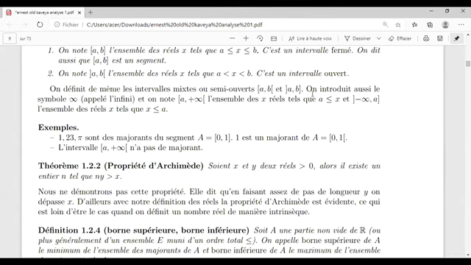On introduit aussi le symbole infini. We look at this symbol infini. For example, in the case of an open set, we normally say we close a positive infinity because it's going to the positive side.